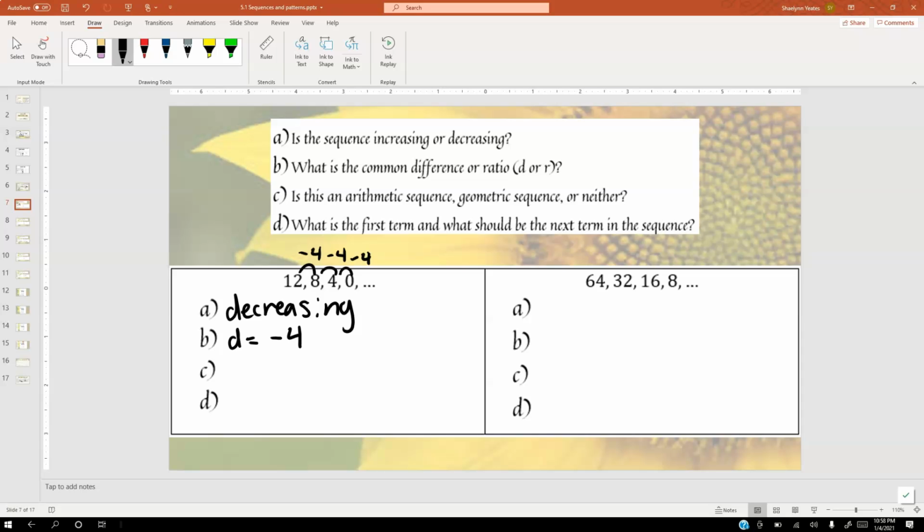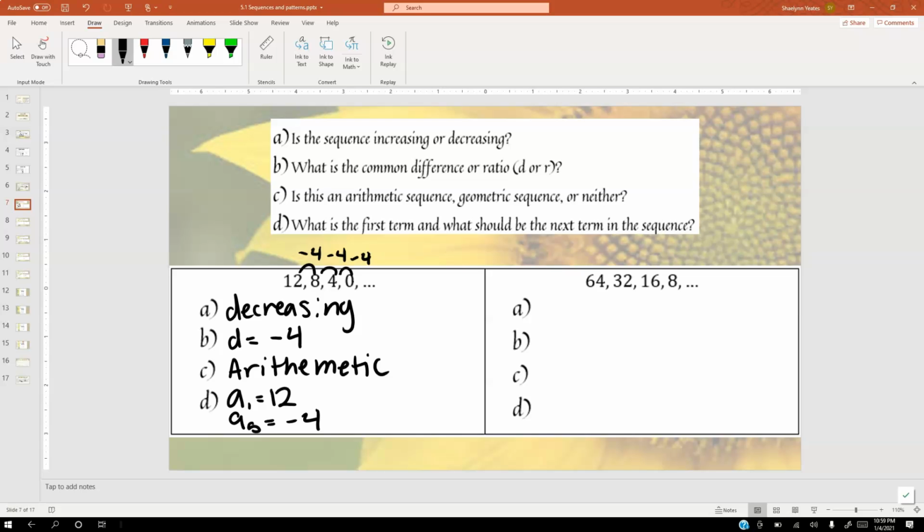Okay, so this means this is an arithmetic sequence because we're subtracting every single time. Okay, and the first term is 12, and the next term, so this would be a sub 1, and the next term would be a sub 1, 2, 3, 4, a sub 5 would be negative 4.